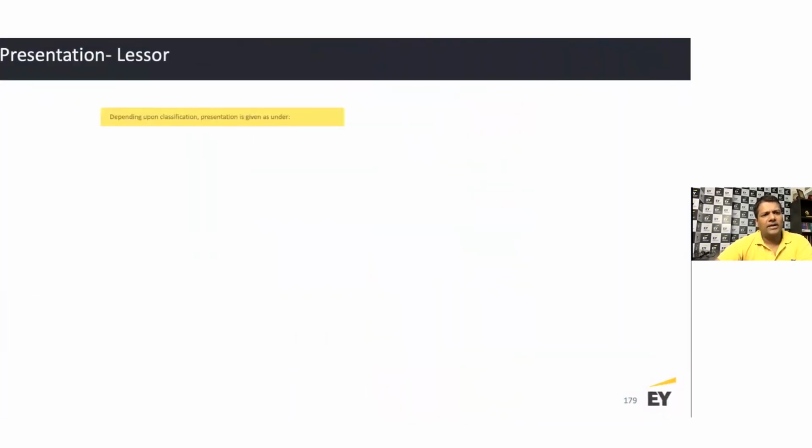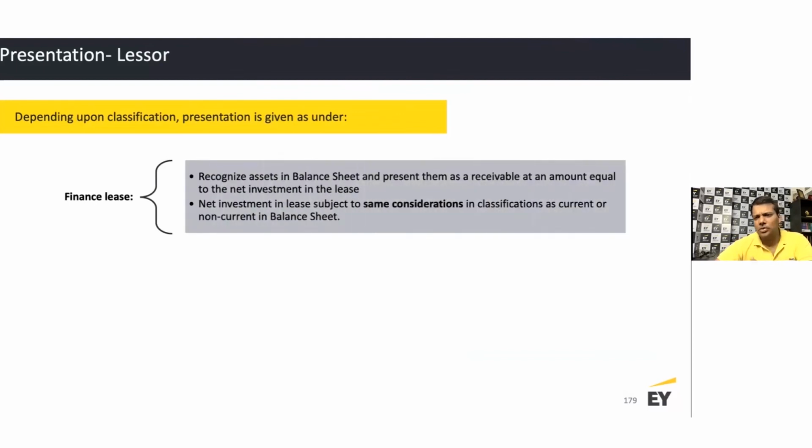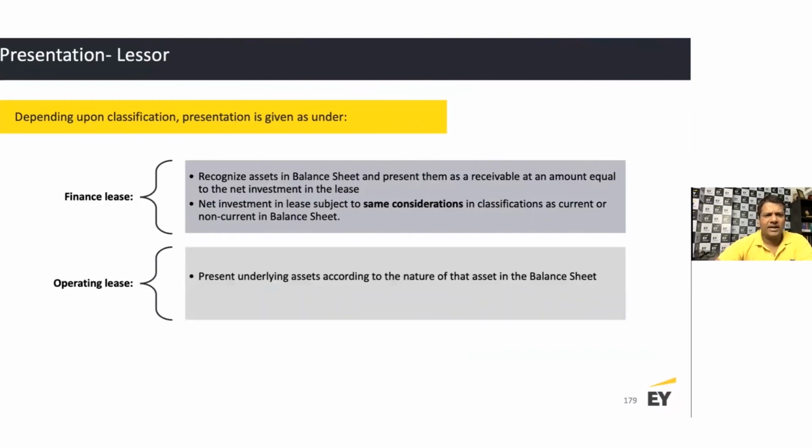So then you look at it from a lessor perspective. So I'm going to look at my finance lease or operating lease, right? Depending upon that, again, I got to disclose the asset in the balance sheet and present them as a separate line item. Net investment is presented again as a separate line based on current and non-current, depending upon my right to receive. So operating lease asset anyway is there, and then there's a right to receive cash flows.